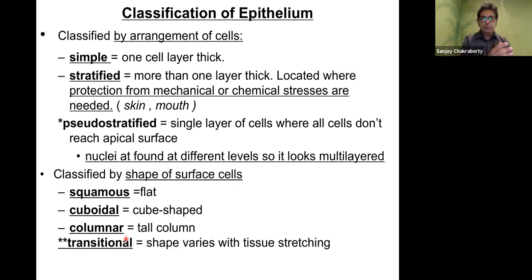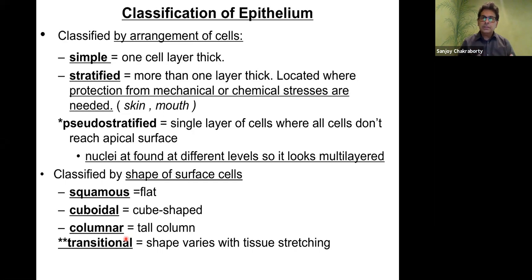So simple squamous epithelial tissue, simple cuboidal epithelial tissue, simple columnar epithelial tissue, stratified squamous epithelial tissue, stratified cuboidal epithelial tissue, and stratified columnar epithelial tissue.